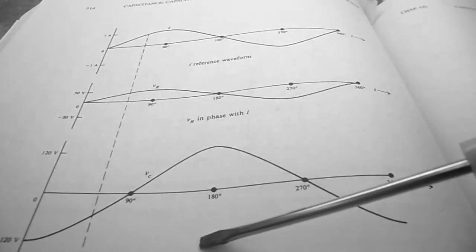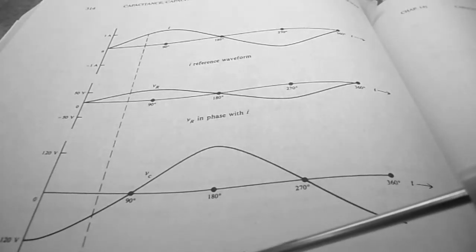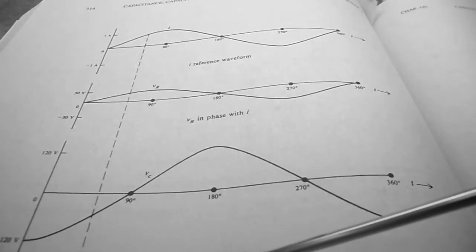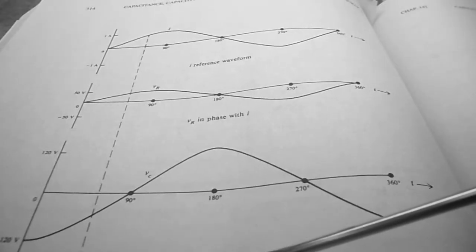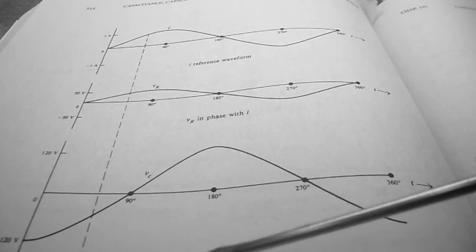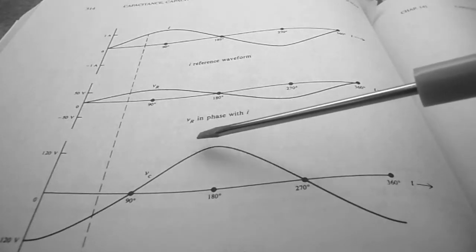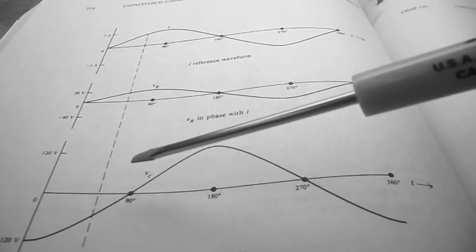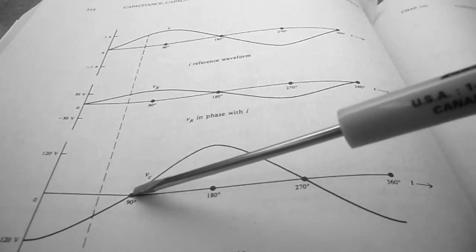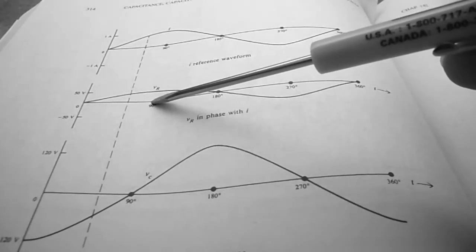I also want to remind everybody that the voltage across the capacitor lags I by 90 degrees. That means it's going to lag VR by 90 degrees. So you can see the voltage on the capacitor is 90 degrees out of phase from VR.